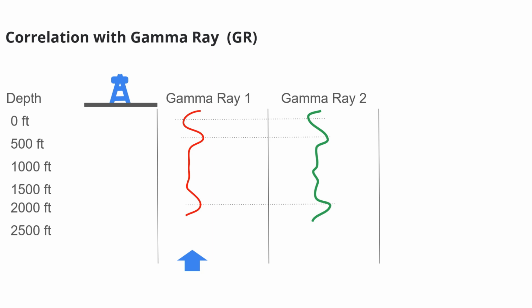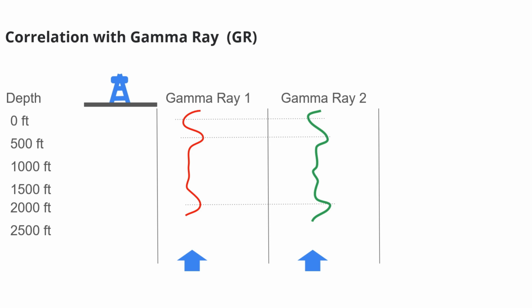If we need to log the well again in the future, the new data, shown in green, must be aligned with the initial log, often the open hole triple or quad combo. This alignment is crucial for accurate comparison and analysis. This is important because wells often require multiple interventions over their lifetime.